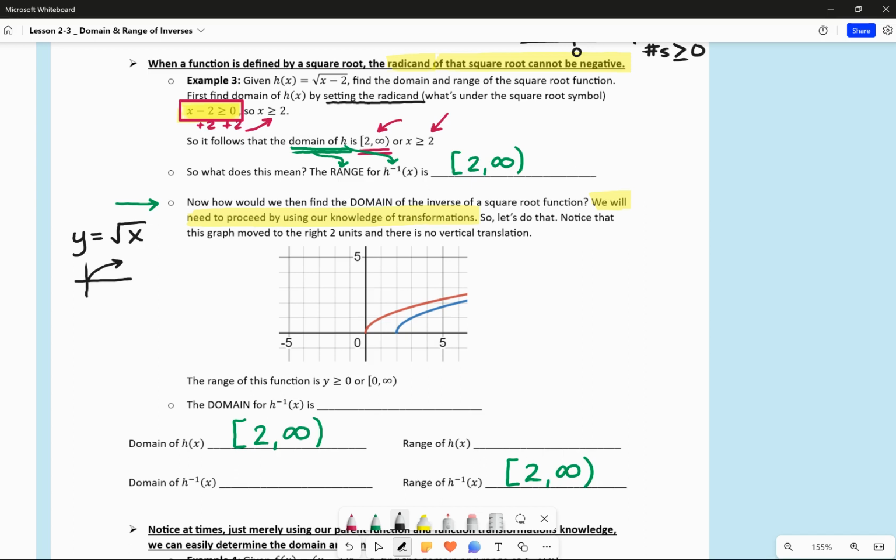What's another popular one we've done? The absolute value of x. That one looks like a V. So it goes like that, like this.